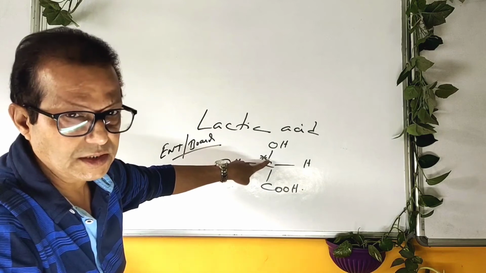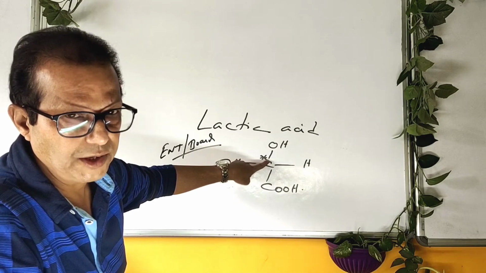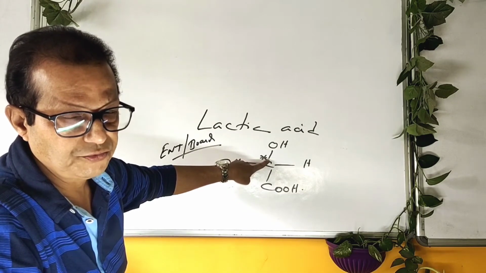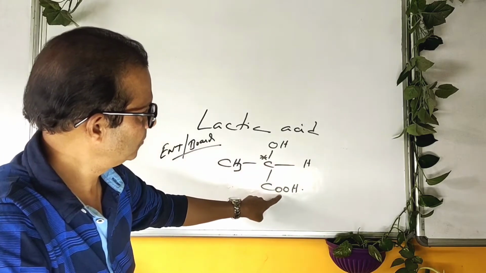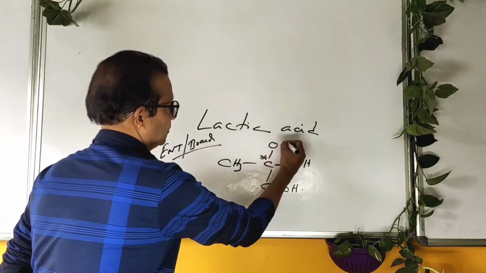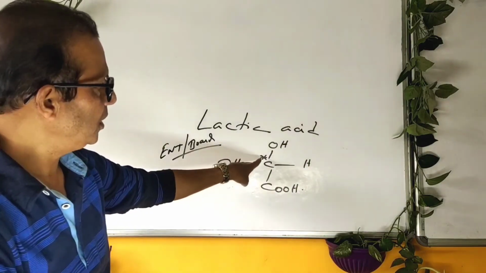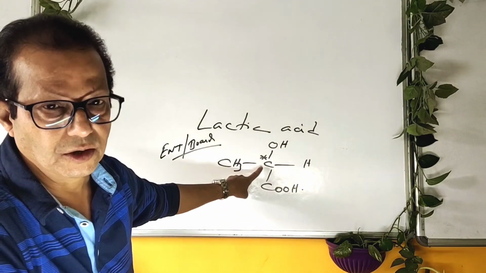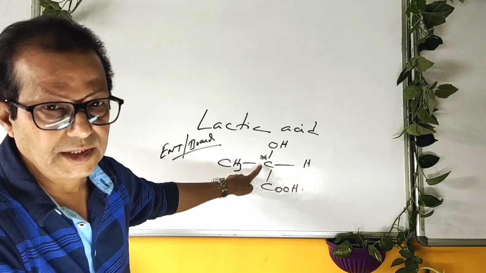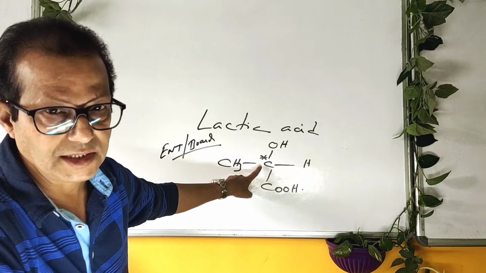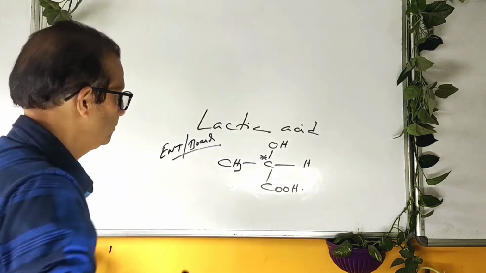If we consider this carbon atom, the central carbon atom, it contains 4 different atoms or groups. If any carbon contains 4 different atoms or groups, that is called a chiral or asymmetric carbon atom.